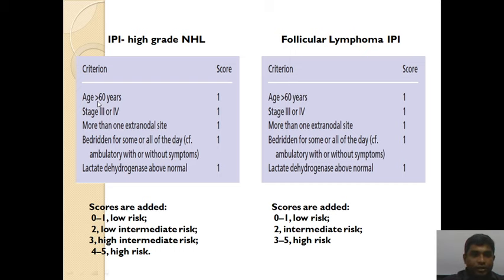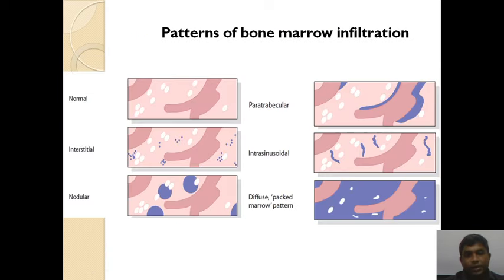So if you see here, the presence of each of these factors gives a score of 1, and if it's absent, then it's a score of 0. And in the end, you add up all the scores. So when it is on the higher side, like 4 or 5, it is a high risk disease. The grade is high risk, whereas when the scores are lesser, you have a low risk category.